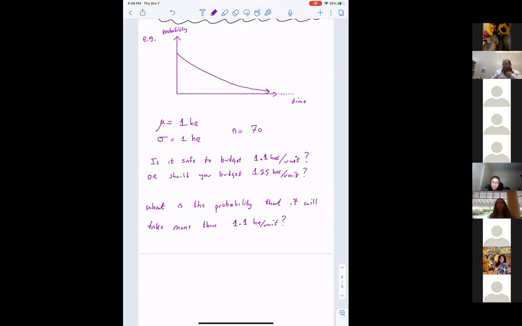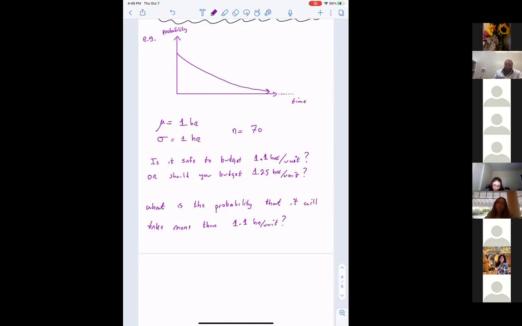What do you guys think? If it's 50-50 that it'll take more than 1.1 hours per unit, should I budget more time? Yes. If it's a 10% chance it'll take more than 1.1 hours, should I budget more time? Probably not. 50%, yes. 10%, probably not.